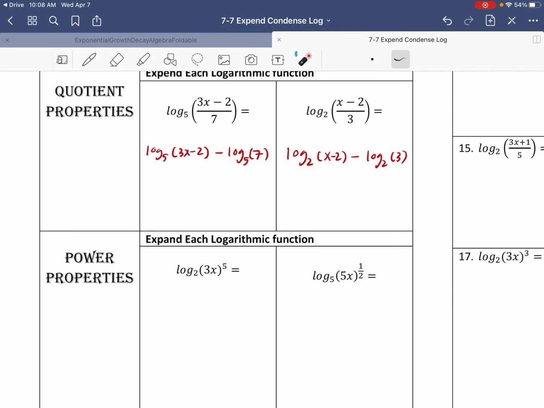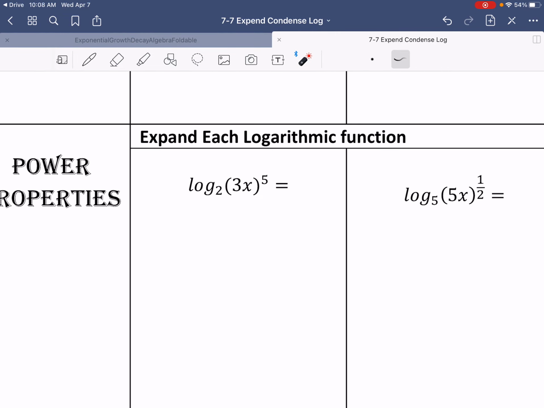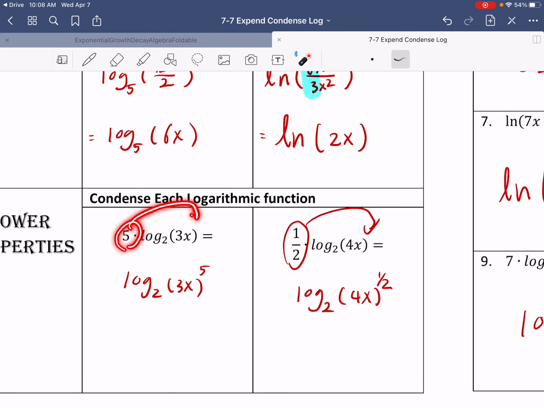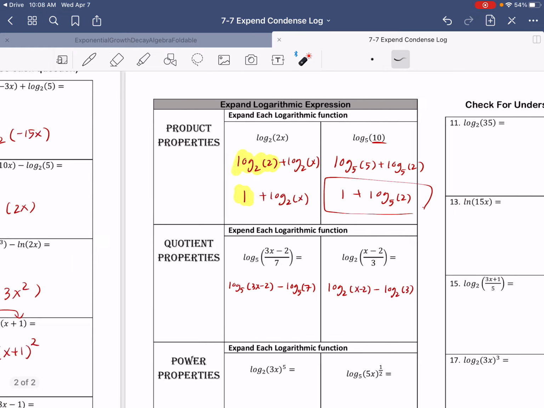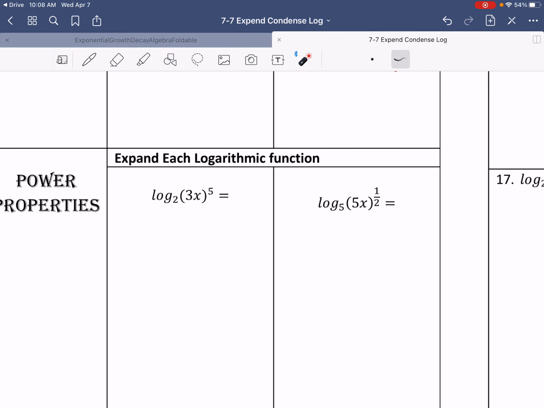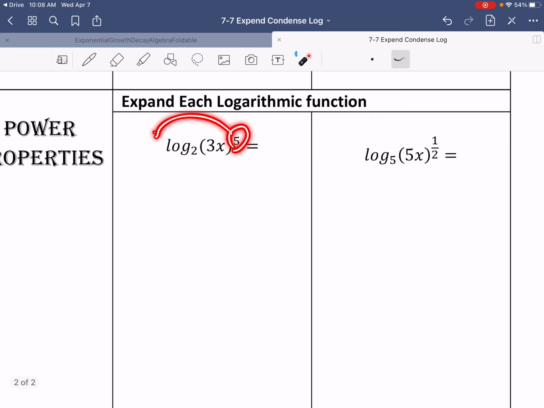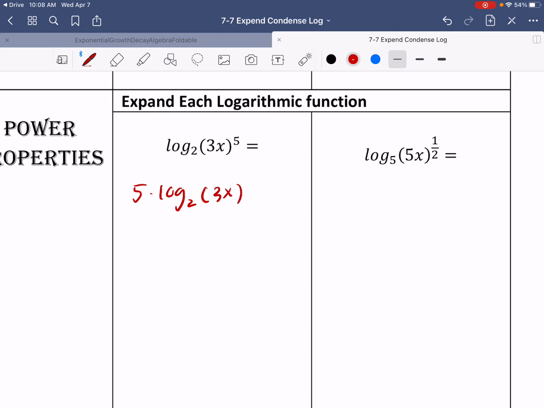Now, power rule. As I said, if you have a number in front of it, you can put it on top of it. Now it's going to be the opposite. If you have it on top, you can put it in front like that. So it's going to be 5 log base 2 of 3x.